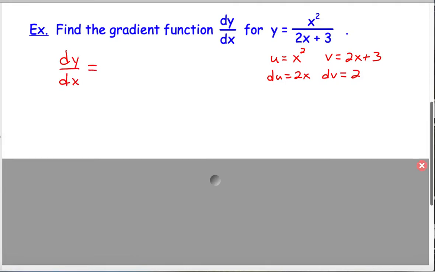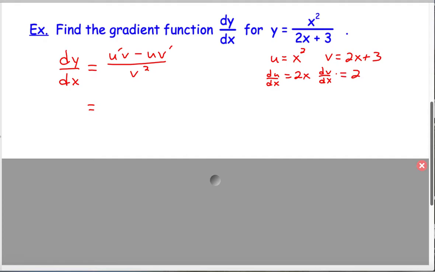The rule said that it's going to be u prime times v minus u v prime over v squared. I wrote, by the way, I don't want to confuse you, we'll be coming up with that a little bit later, let's say du dx, and this will be dv dx, and the shorthand would be u prime and v prime.